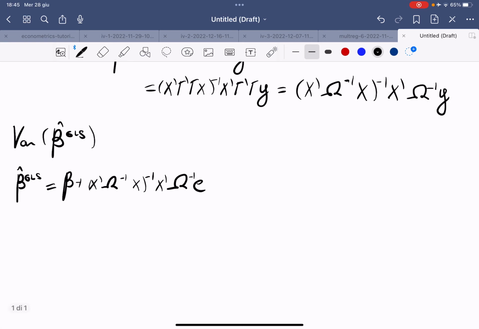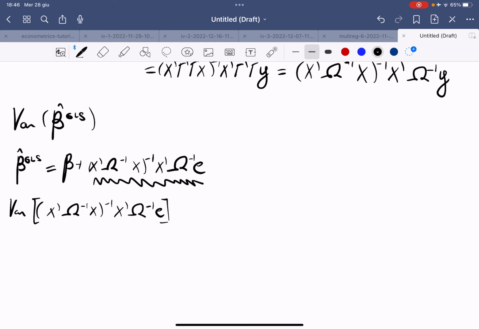So we take the variance of just this part, so it will be equal to the variance of x transposed omega inverse x inverse times x transpose omega inverse times e.